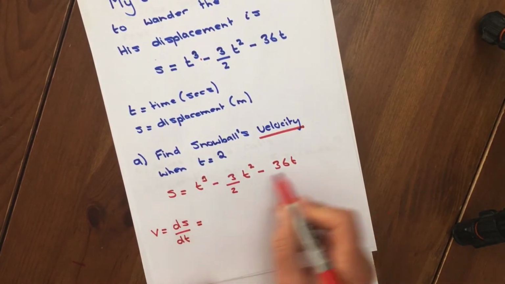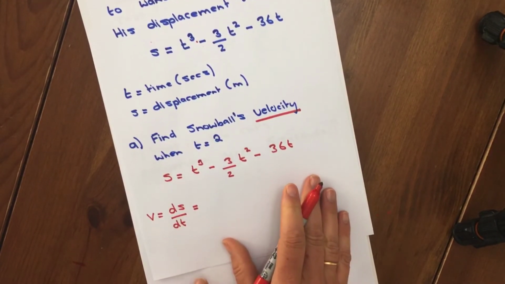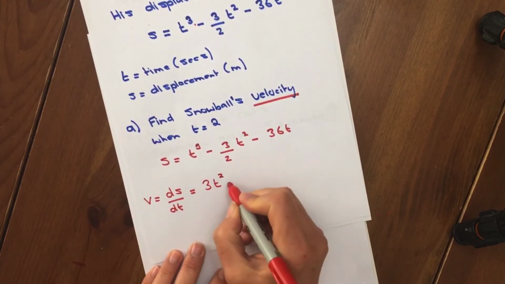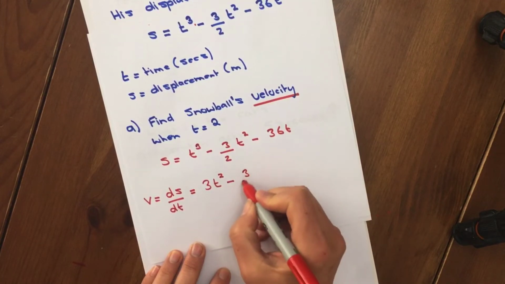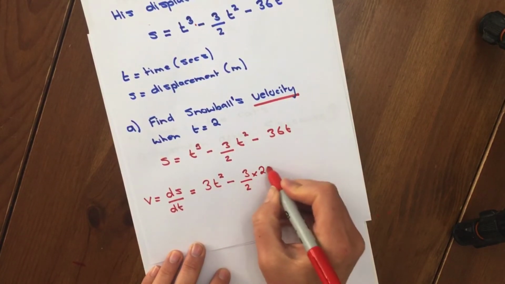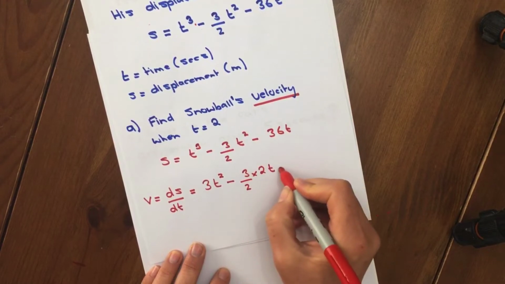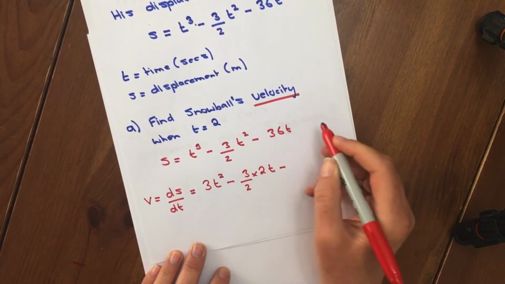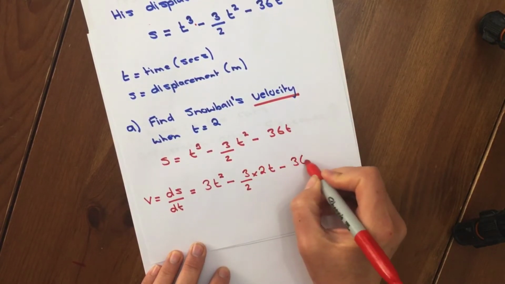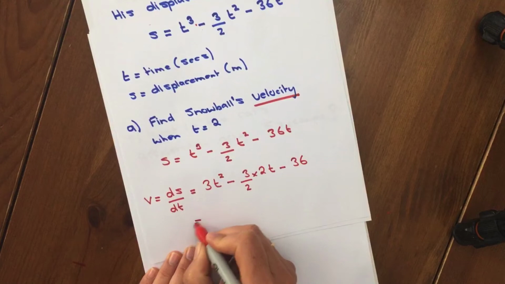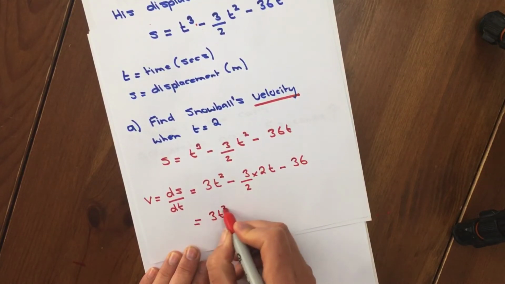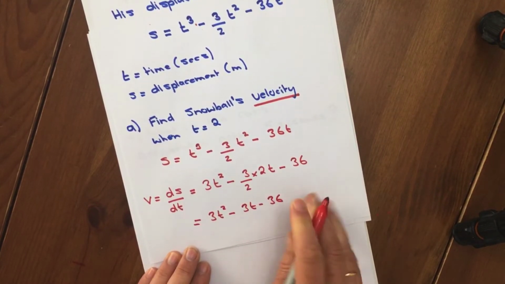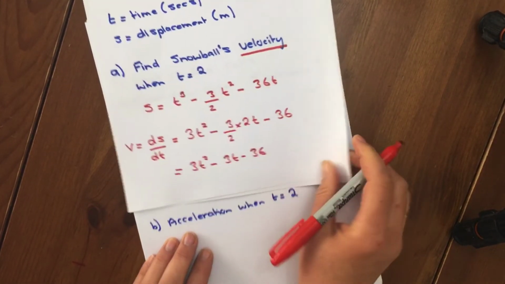So I'm going to differentiate this equation. I bring the power down, take 1 off the power. I bring the power down, I take 1 off the power, so that'll just be a 1. 36t, well, a 1 there, bring the power down, take 1 off the power, be a 0, so t to the 0 is just 1. So if I just simplify this, my 2's will cancel, and I have this as my equation for velocity.